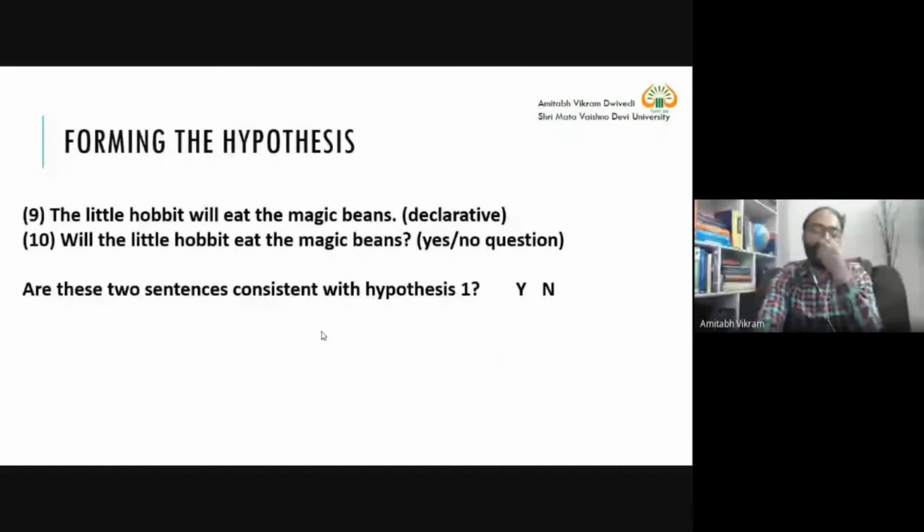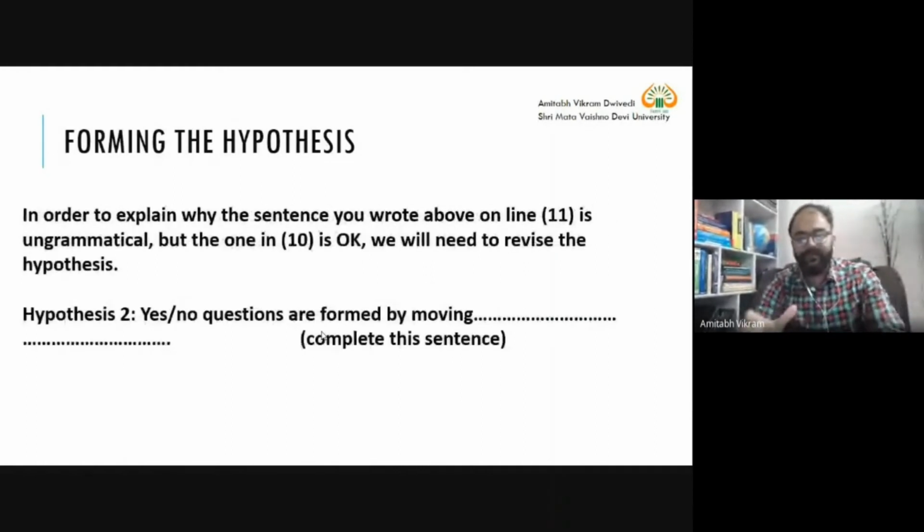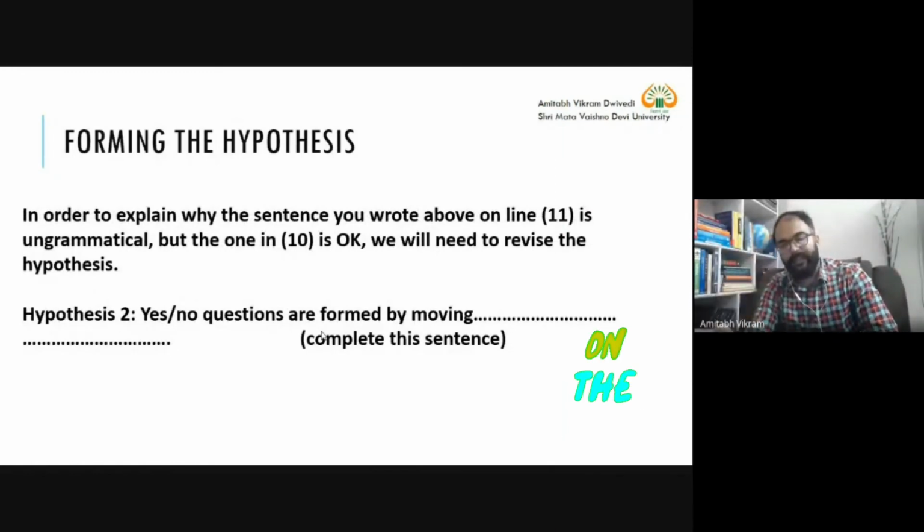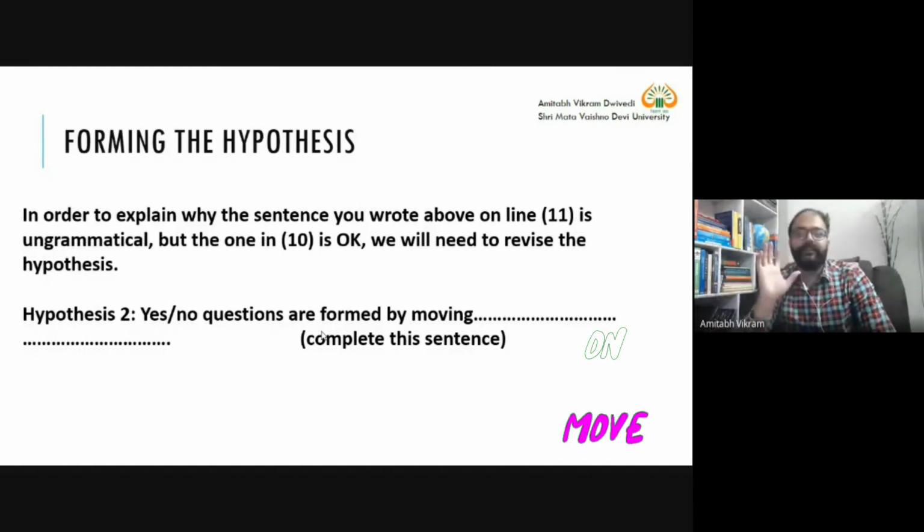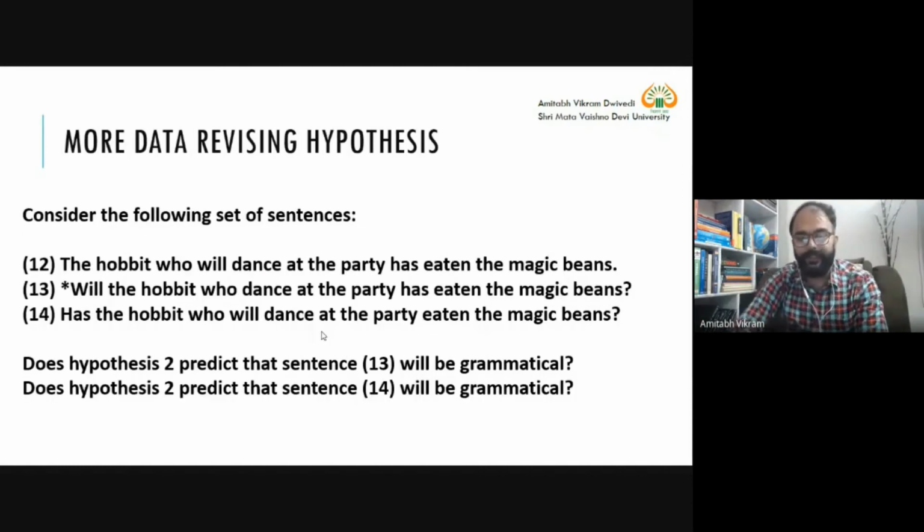The grammatical element you are moving is the auxiliary. So you will revise your hypothesis: yes, no questions are formed by moving the auxiliary to the front. You have simply revised the hypothesis. We have more data, more sentences.